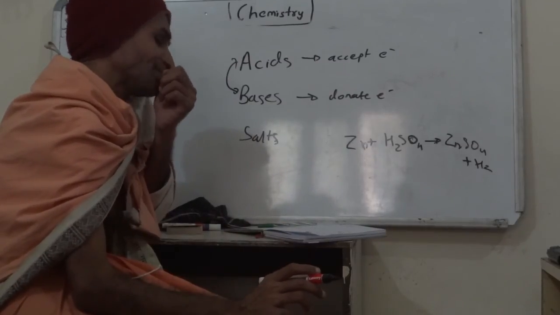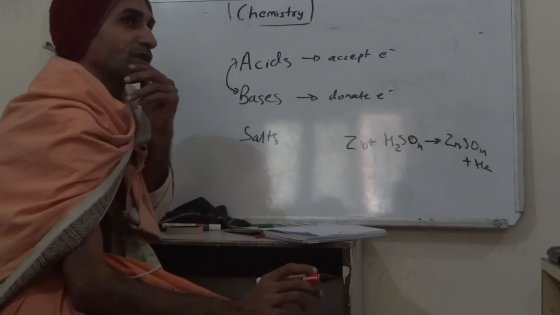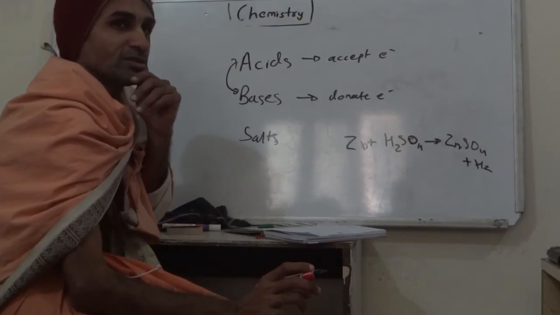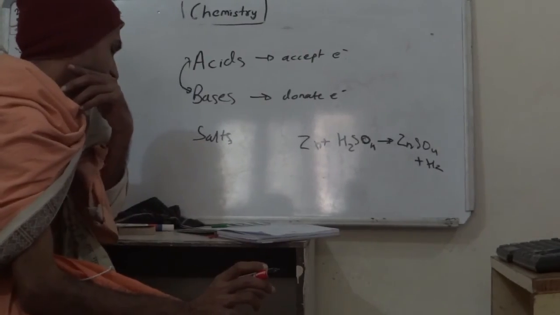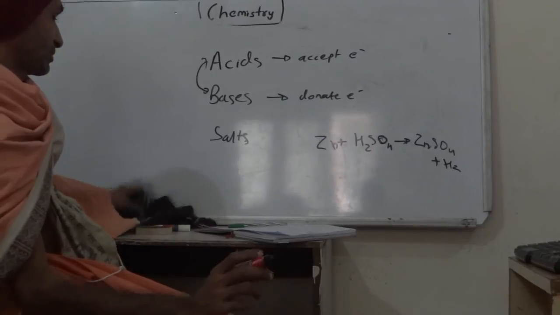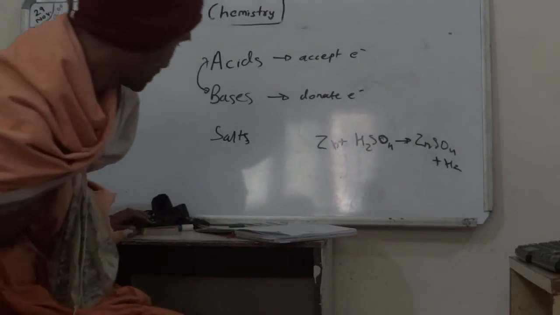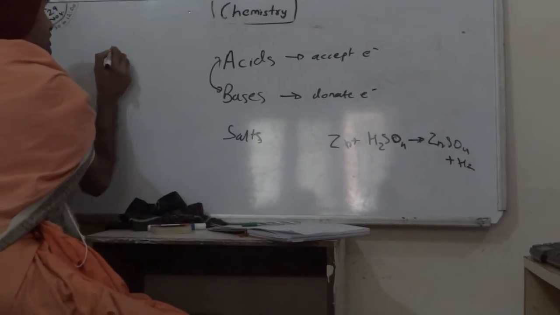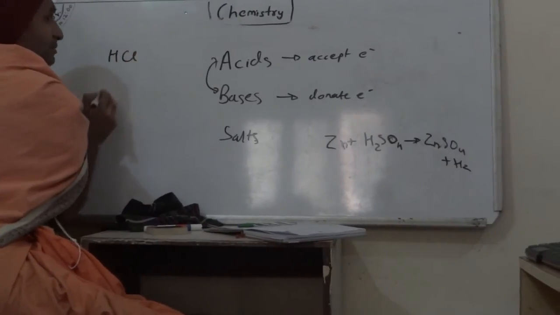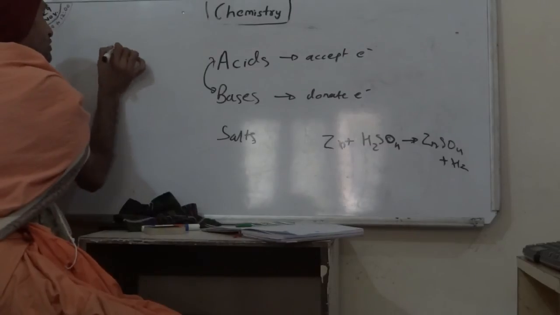Then there are salts. Salts are usually formed by reacting acids with bases. Now, how is a salt formed? In acid, say there is hydrochloric acid, H plus Cl minus.